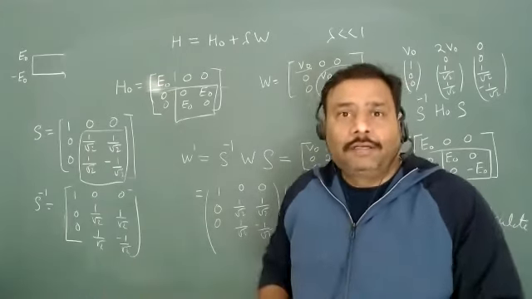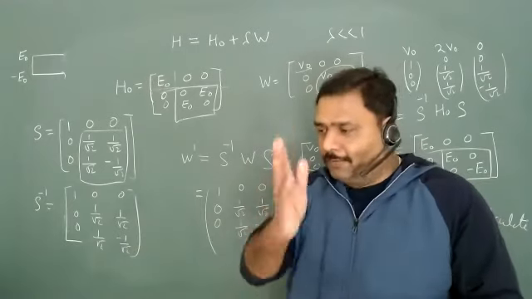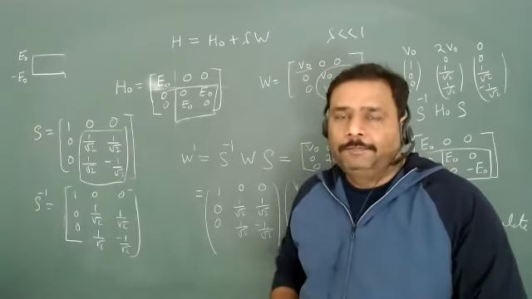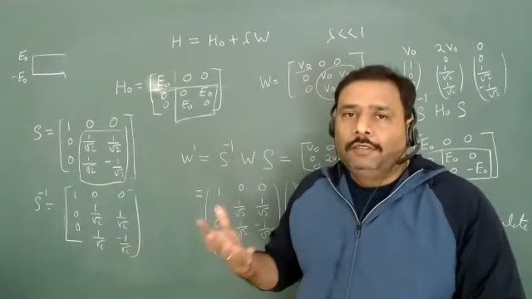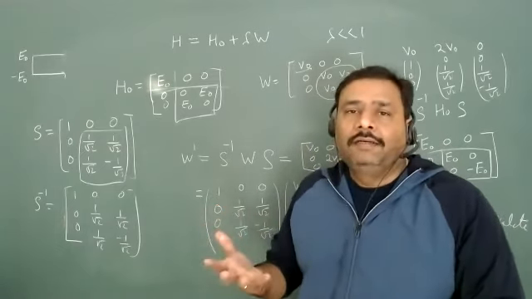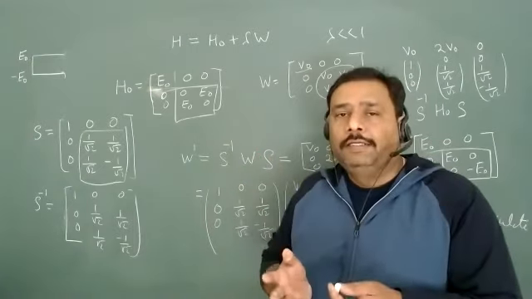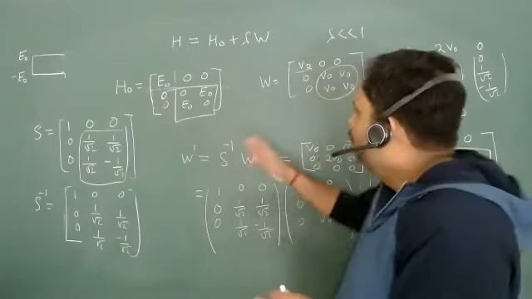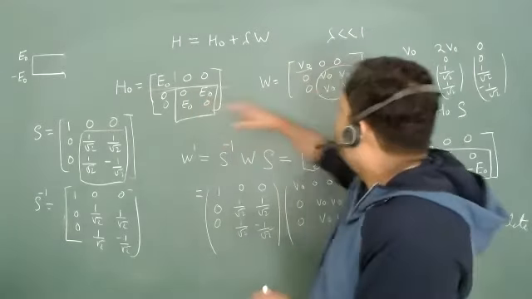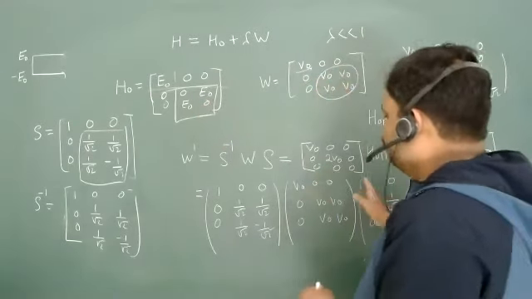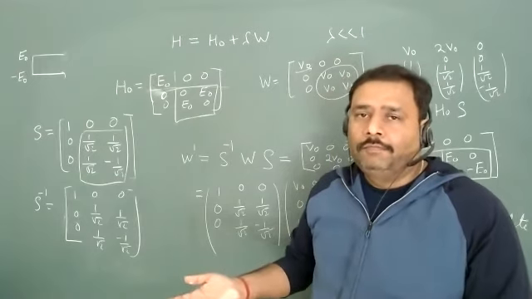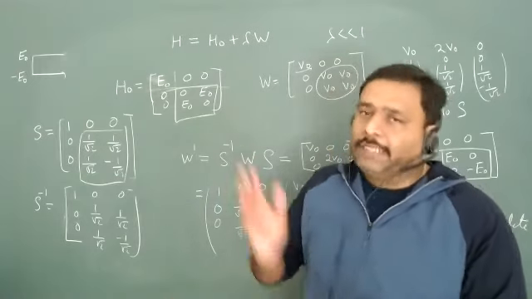It is just a matter of luck, or a matter of your very good intuition, that you choose your basis vectors, or your perturbed term, in such a beautiful way that the eigenvector of H0 and the eigenvector of W will be the same. Then it is also diagonalized. But if the eigenvector of H0 and the eigenvector of W are not the same, then obviously it will create a problem. And you cannot give the guarantee that W dash is diagonalized.